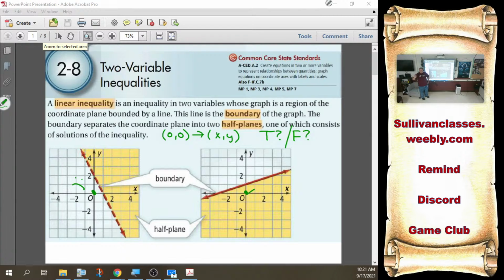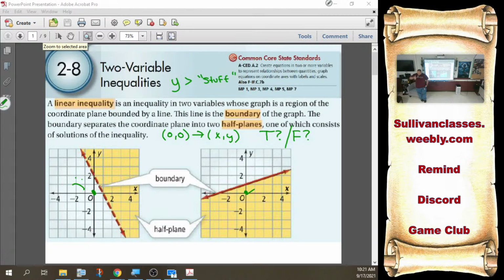So that's one way. The other is if I ever have y is greater than, and then I have some equation over here, or some expression. You know what? I'll just say y is greater than stuff. If I say y is greater than stuff, is that up or down?